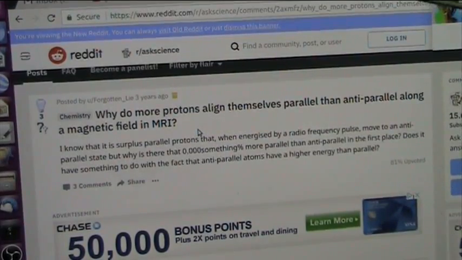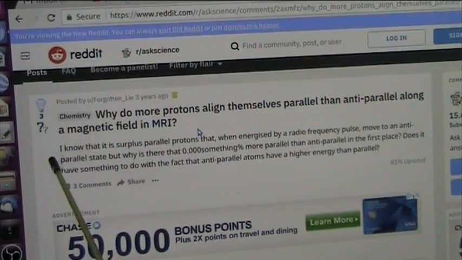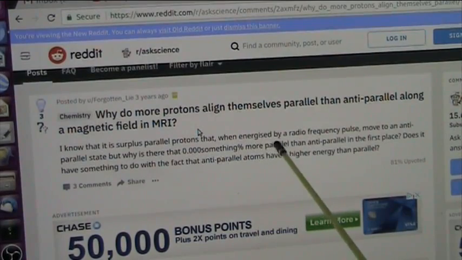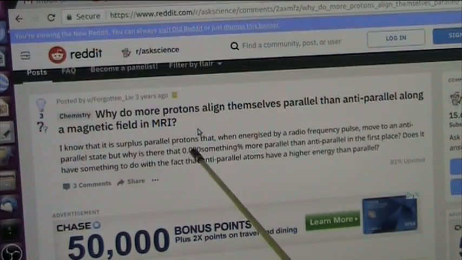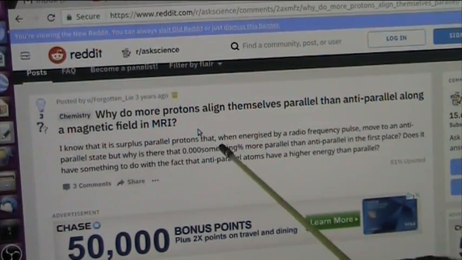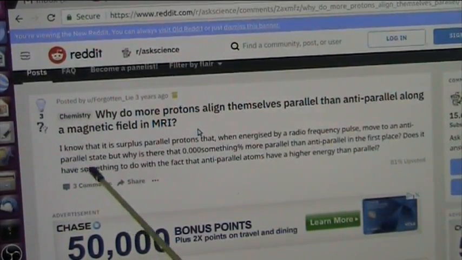So why do some align themselves parallel to them and other ones anti-parallel, so opposite to them? Well, then they come up with this reason: surplus parallel protons, when energized by a radio frequency pulse, move to an anti-parallel state.